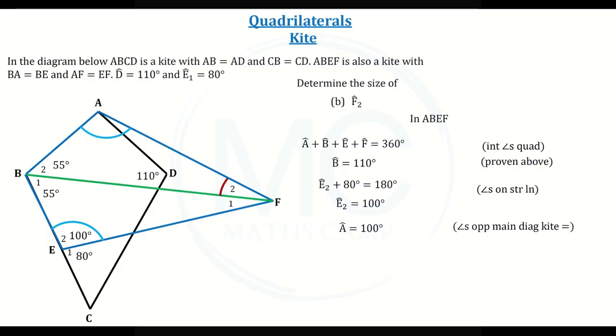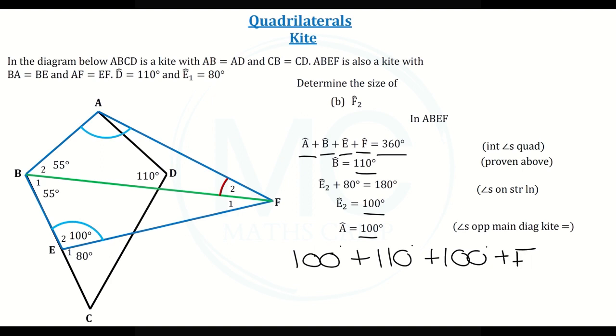We know that angle A plus angle B plus angle E plus angle F will give us 360 degrees. So now we can say angle A, which we know is 100 degrees, plus B, which we know is 110, plus E, also 100 degrees, plus the unknown value F is equal to 360 degrees.